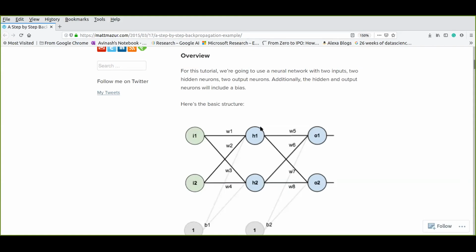So H1 is receiving its inputs from I1 and I2, and H2 is also receiving its inputs from I1 and I2. So if in another case we had 3 neurons in the hidden layer instead of 2, then the weight matrix is going to be 2 by 3. So that's how we get the dimensions of the weight matrix.